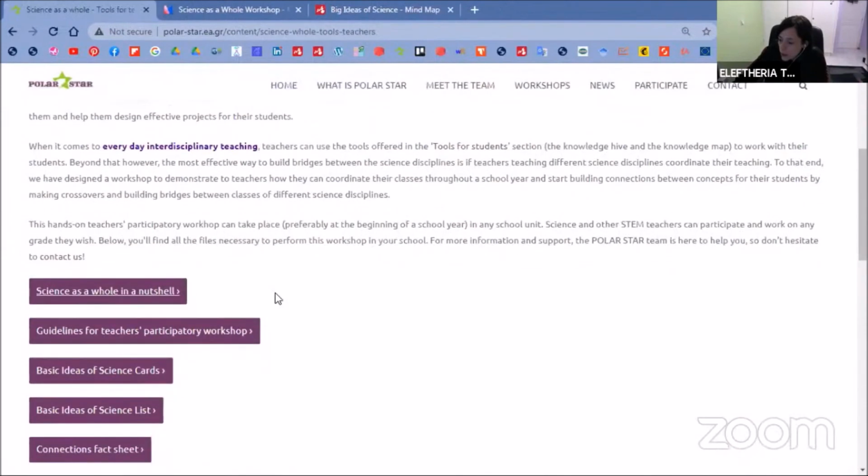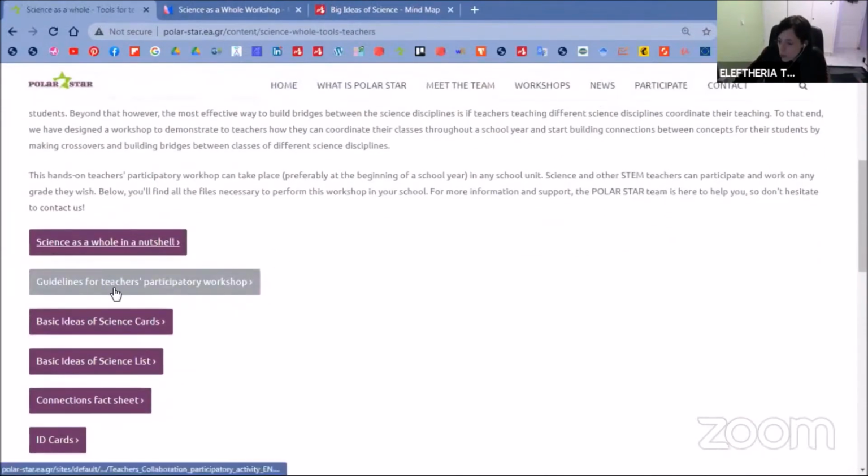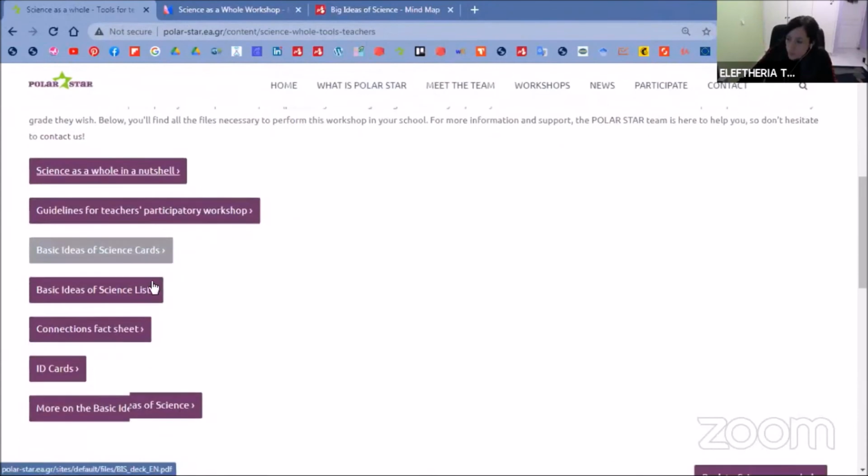And here are the guidelines of the workshop you can do with your students and your teachers at school, in order to get started working in an interdisciplinary way, make references to each other's classes, and create projects for your school. These are all the elements that you need for this participatory workshop.